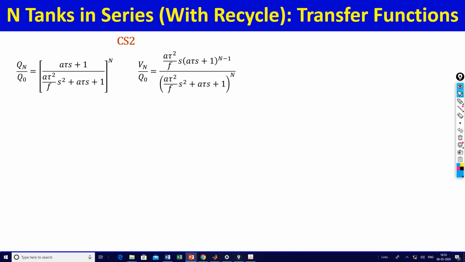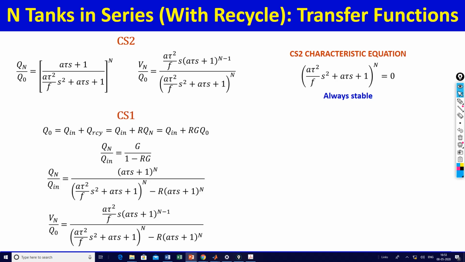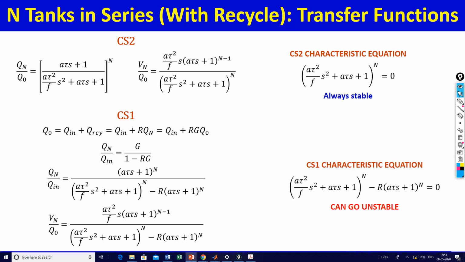CS2 of course is tanks in series, so that's what we've got. Characteristic equation is as above, and you can see that if the individual tank level controller is stable, you're going to have the n tanks in series also always stable. For CS1, from the derivation that we did, we get the transfer functions as shown, and here the characteristic equation is this.